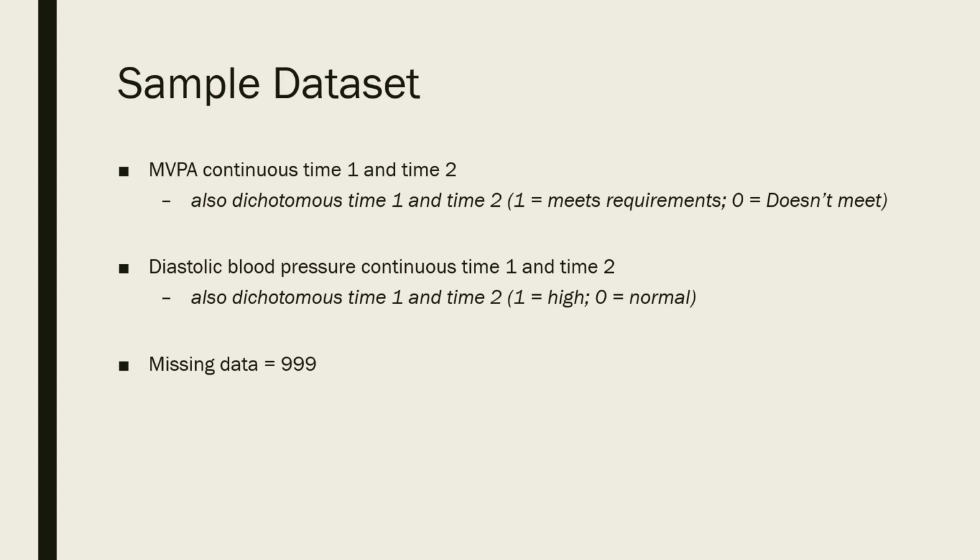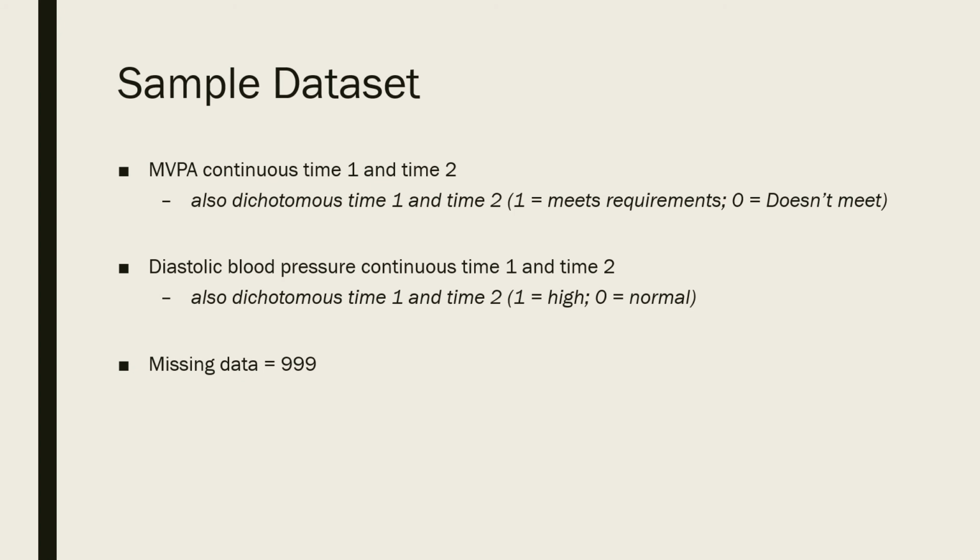I have it as a continuous variable, which is in minutes. So if it's 0, someone didn't exercise at all. If it's 150 minutes, they've exercised that amount of time. As you know, that is what meets weekly requirements. So in the dichotomous version, 1 equals meets moderate to vigorous physical activity requirements. 0 means it's under 150 minutes.